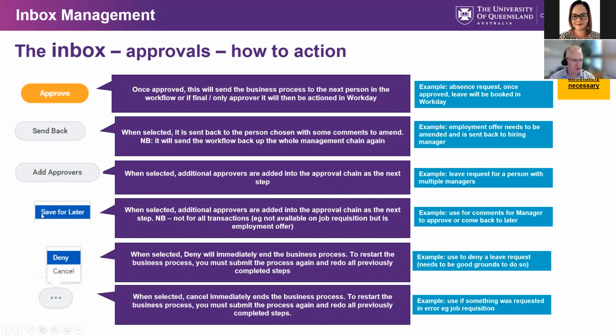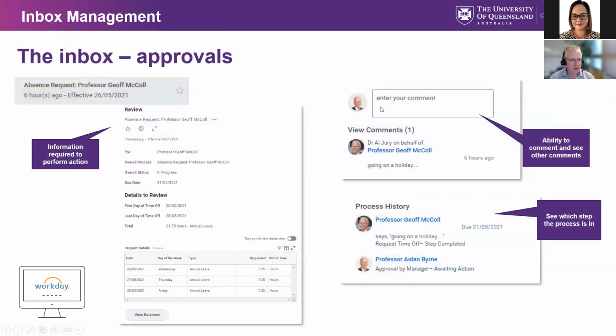Save for later is useful functionality. And so what you can do often if you want to make comments, for example, for the person who set you up as a delegate to know that that task is ready for approval, is to fill in the comments field. So you can see here, for instance, that you can add some comments.